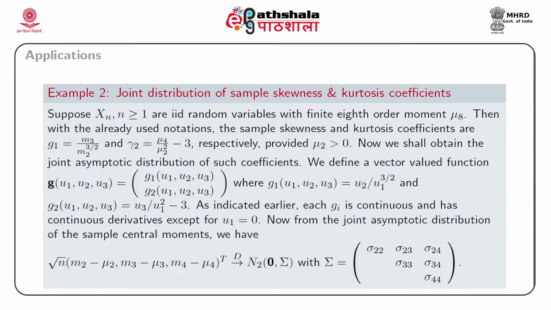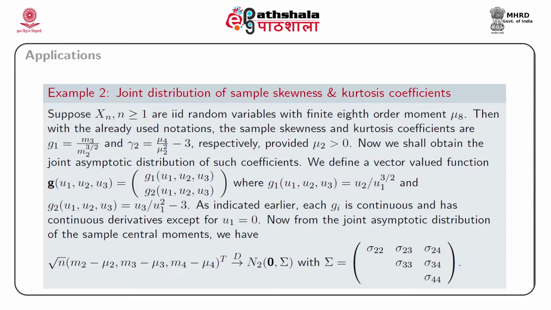But to obtain the asymptotic joint distribution of such coefficients, we need to define a vector valued function g. So we have a g function which is a function of u1, u2, u3, and this g function is itself a vector with two components g1 and g2, where g1 is u2 divided by u1 to the power 3 by 2 and g2 is defined as u3 divided by u1 square minus 3.